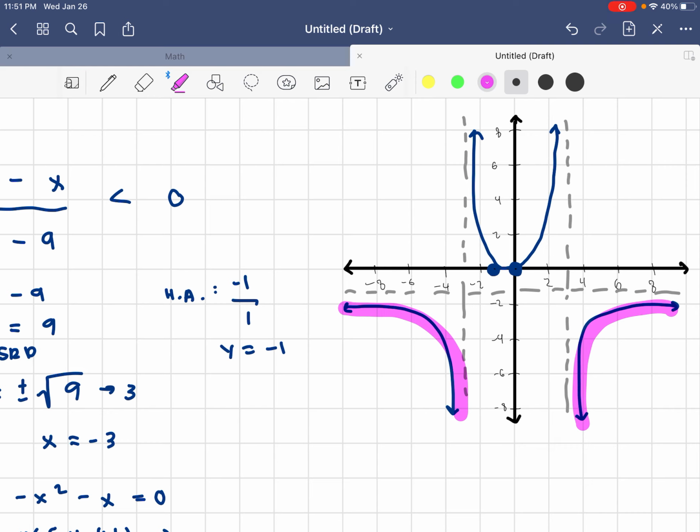So that's going to be our domain. So we write it. Our solution set is our domain. So it keeps going this way. So it comes from negative infinity to our asymptote, which is negative 3. And it's not going to include that, so we're going to use parentheses. Then it will go to 3.